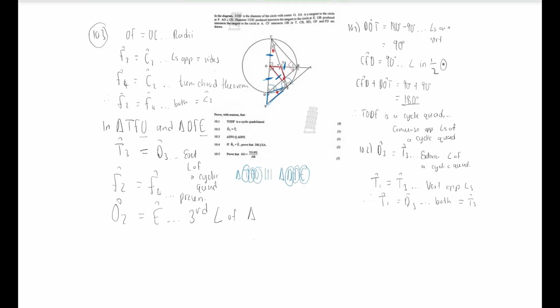And this must imply that, therefore, triangle, we just write it as it was given: triangle TFO is similar to triangle DFE. And what's our reason? Because it's angle, angle, angle.